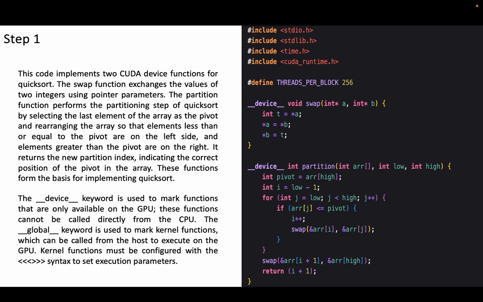A kernel function must be configured with parameters to set the execution configuration. As you can see, swap transfers the two integers, and partition sets up the pivot and rearranges all the elements of the array.